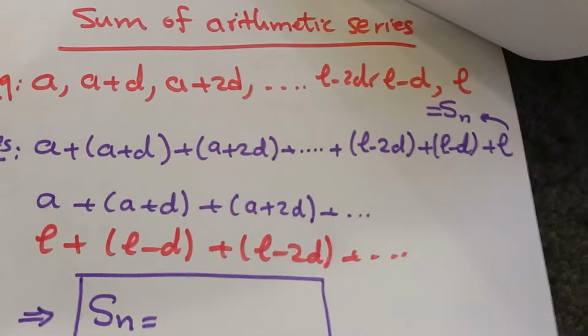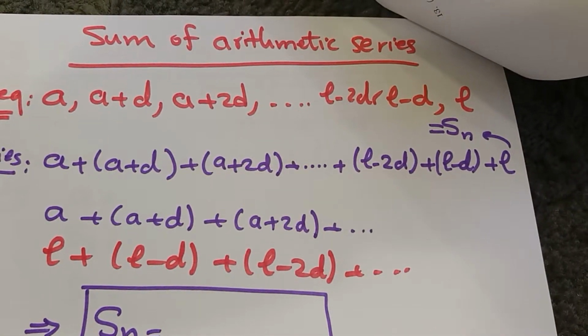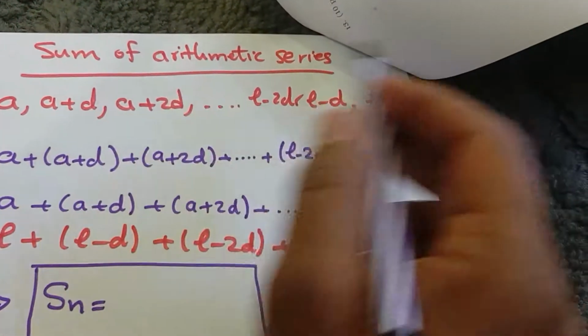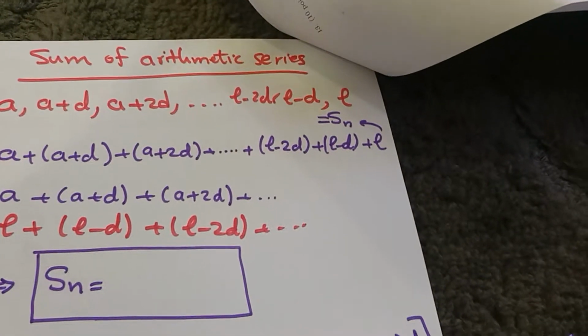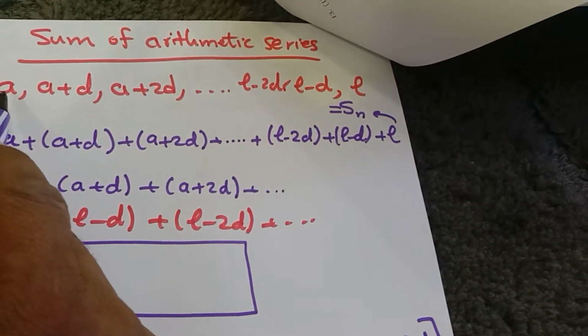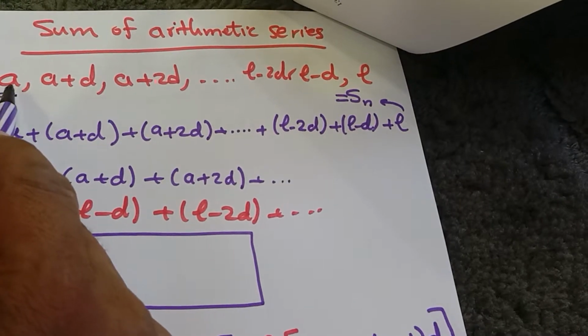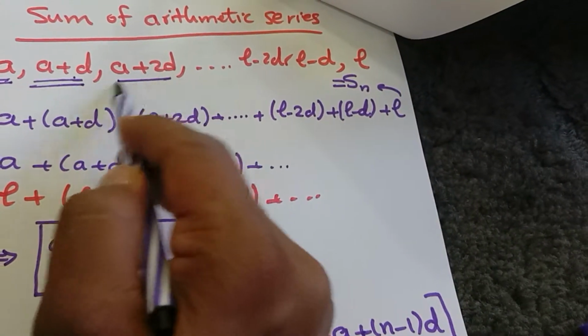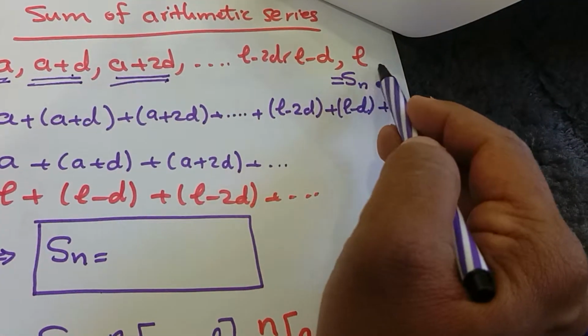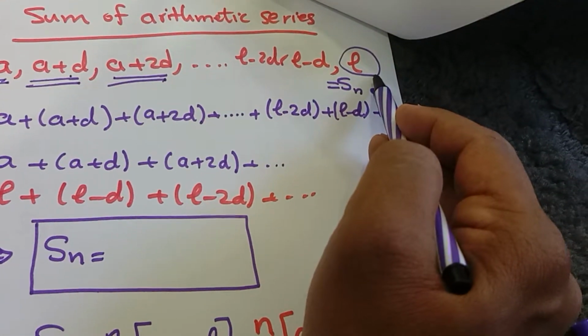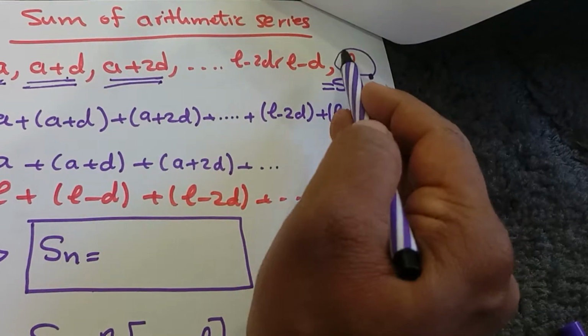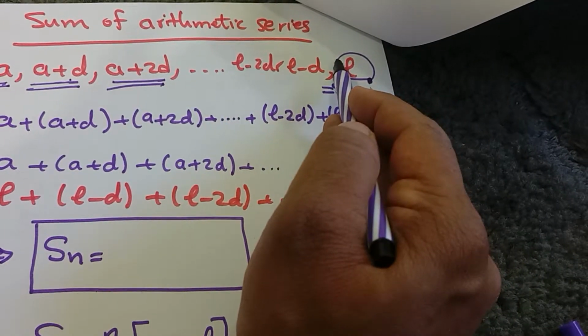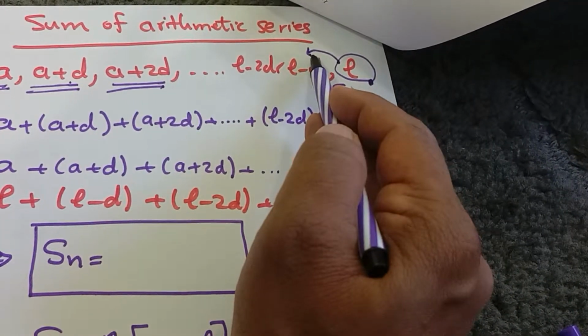Okay, the next thing we are trying to do here is find the sum of an arithmetic sequence. We need to add all of the terms. So in the sequence, the first term is a, then I add d, so I get a plus d, then a plus 2d, until I reach the last term here, which is L. If I go back from the last term to the previous one, I need to subtract d.